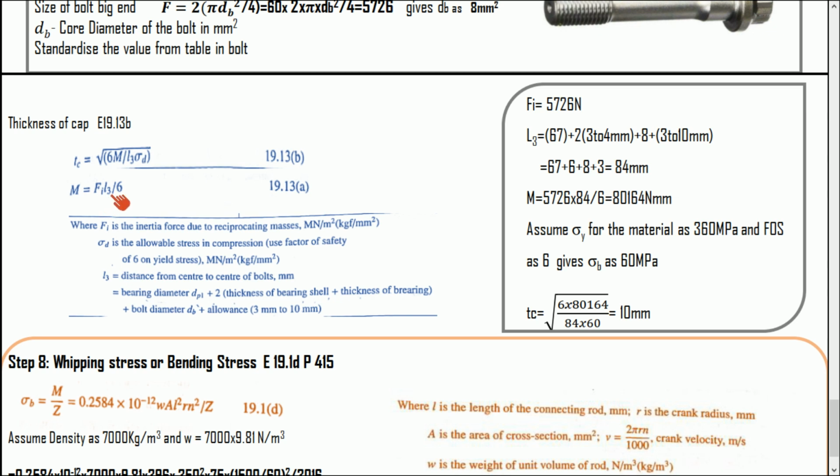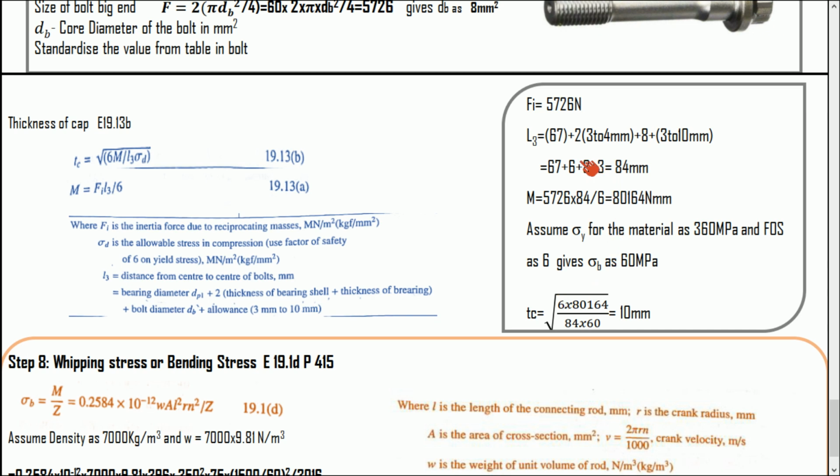Now comes L3, which is the center to center distance of the bolts. In that path, we can see there is the bearing diameter dP1. Another term you have to use is 2 into the thickness of the bearing shell, plus the thickness of the bearing, plus the bolt diameter and the allowance.